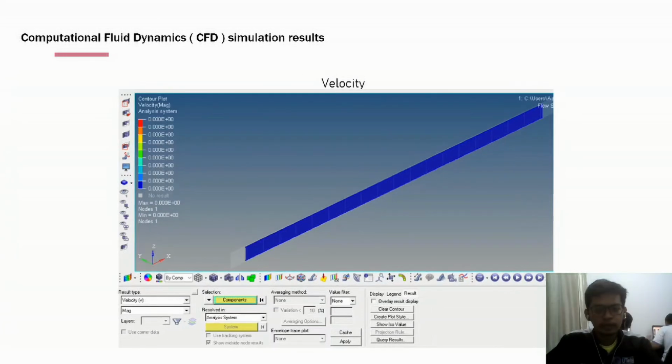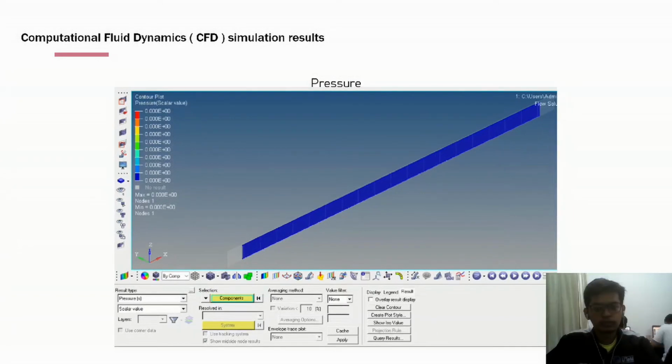For velocity, the minimum and maximum values are the same, and the nodes are also the same. The pressure is the same as velocity, where the maximum and minimum values are both 0, and both numbers of nodes are 1.